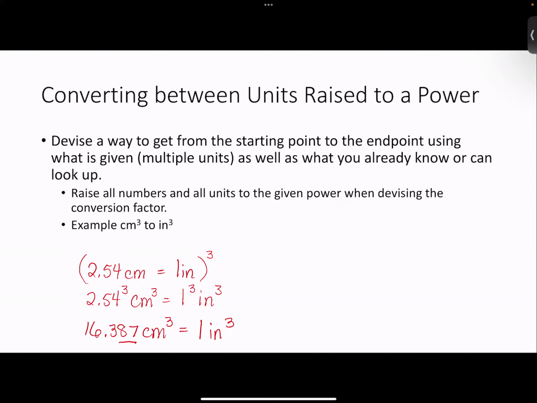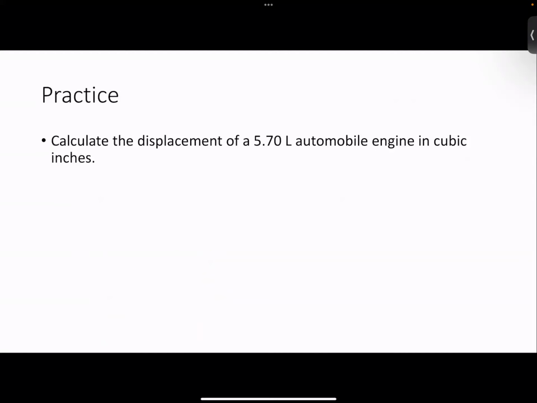Let's look at this and use it. Calculate the displacement of a 5.70 liter automobile engine in cubic inches. So I want to take the 5.70 liter automobile engine and I want to make that into cubic inches.